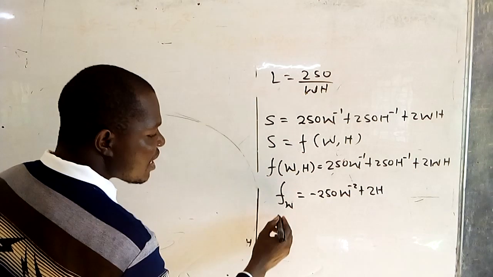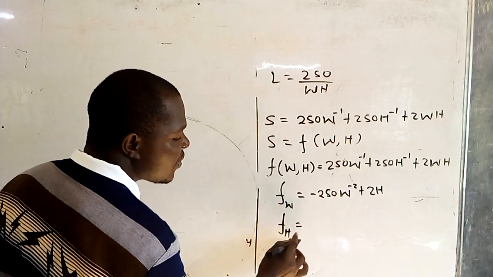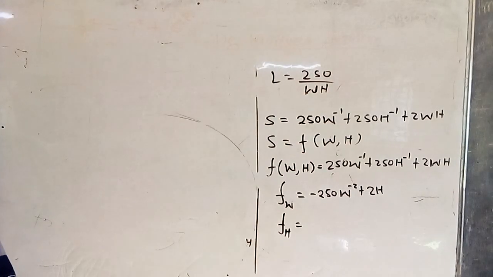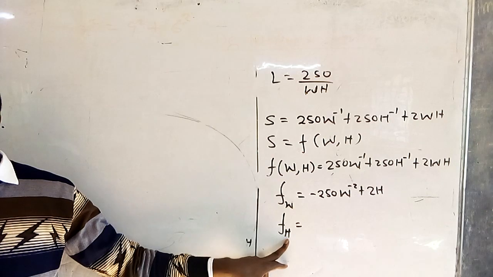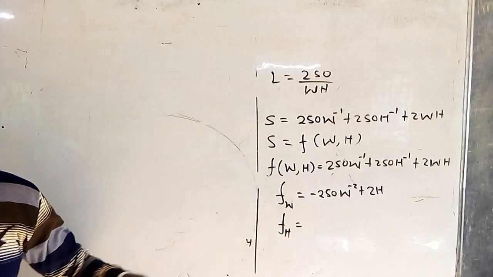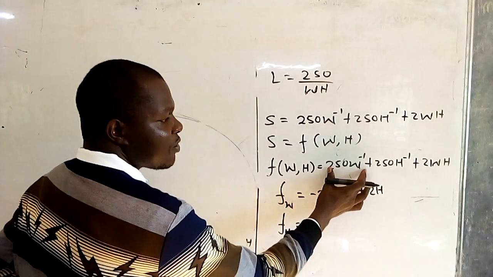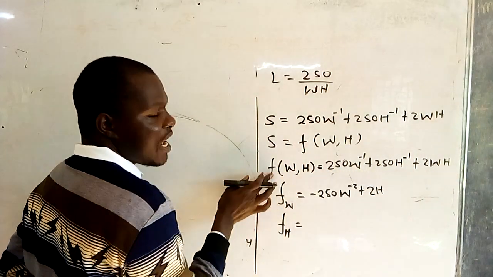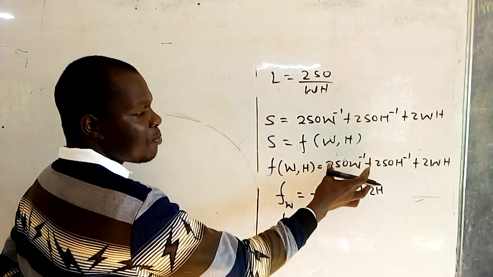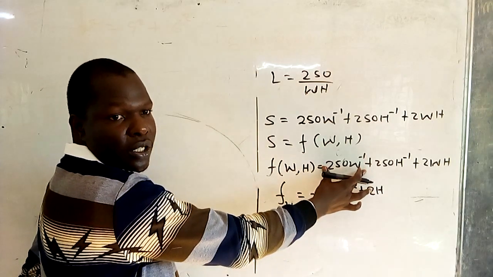We now want to differentiate F partially with respect to H. Is that okay? So it means only H is a variable, anything else is a constant. If you differentiate this partially with respect to H, you get 0.